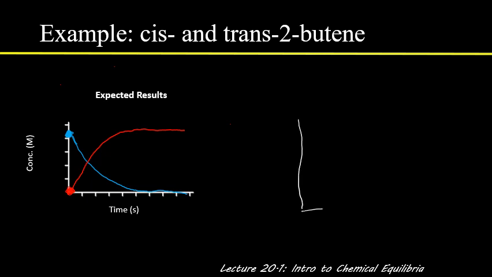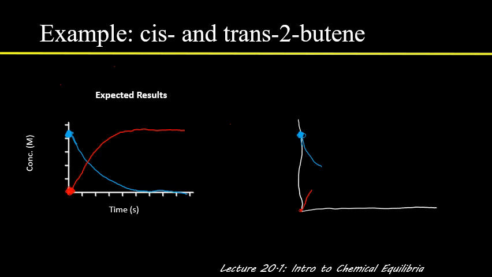What we actually see is the concentration of the cis molecule decreasing, as we would expect, and the concentration of the trans molecule increasing, as we would expect.